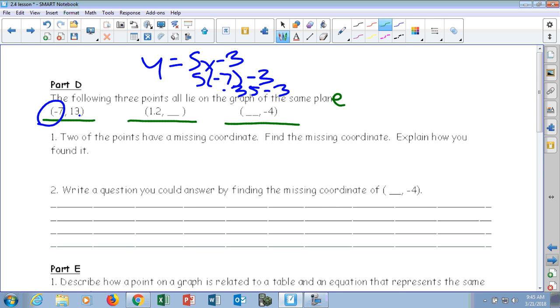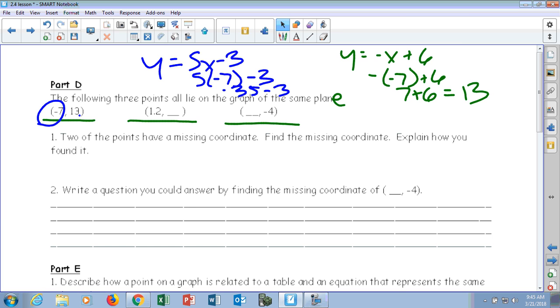So our plan 2, which is y equals negative x plus 6, if I plug in our numbers, what's a negative 1 times a negative 7? 7 plus 6.